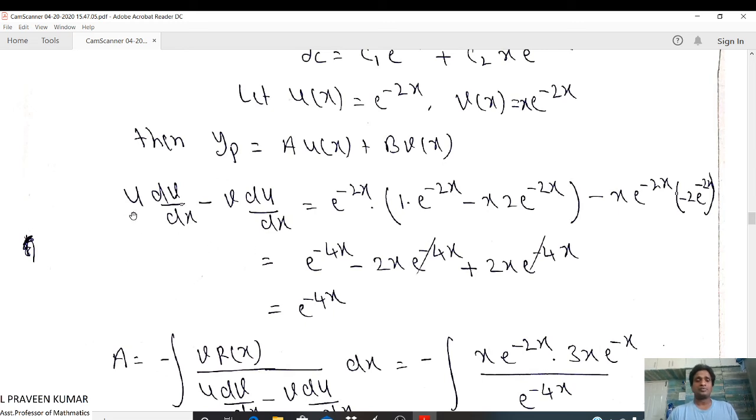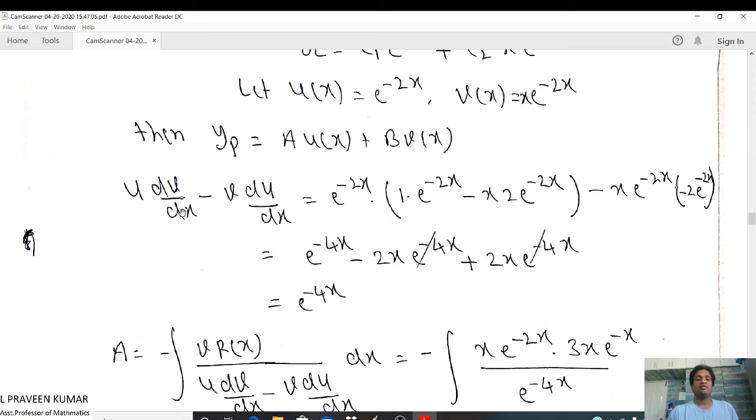Now first we are finding u dv by dx minus v du by dx. Why? Because we use this value in a and b to find the a value and b value. So u is e power minus 2x, and dv by dx is the derivative of x into e power minus 2x.